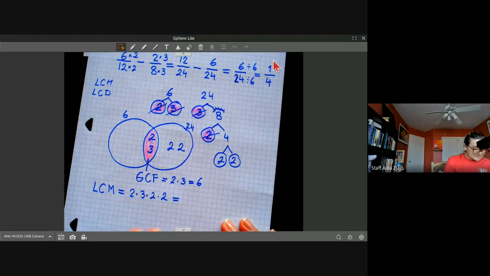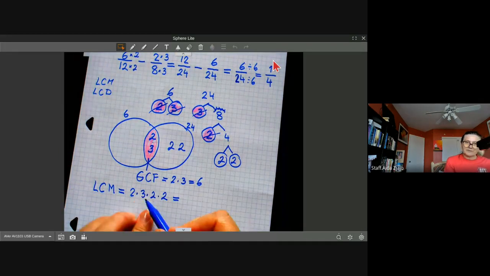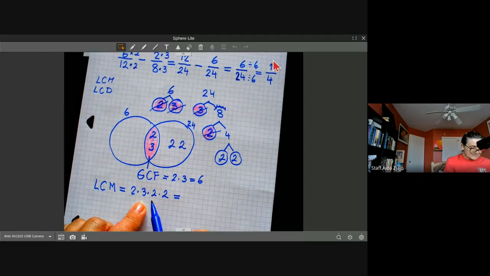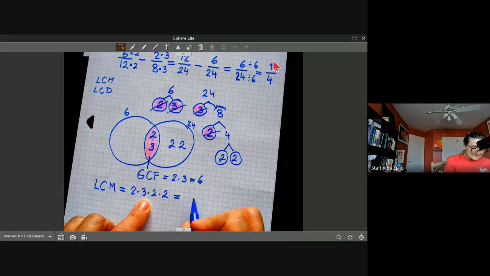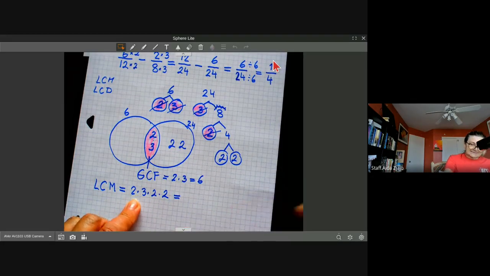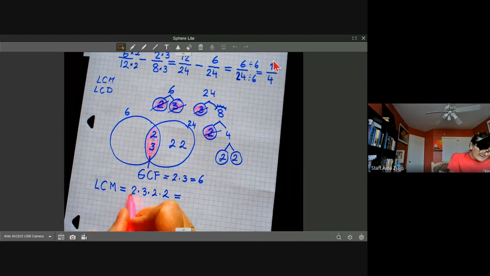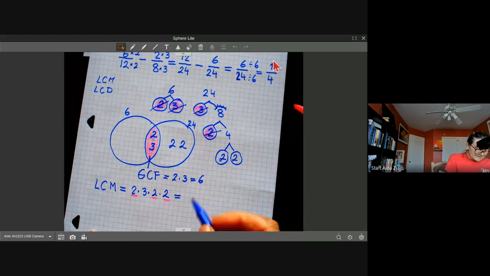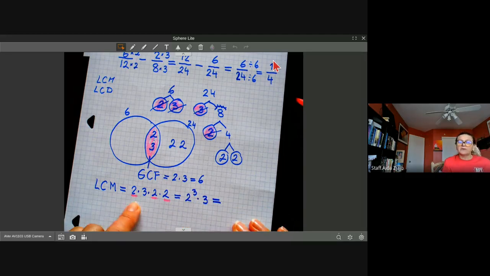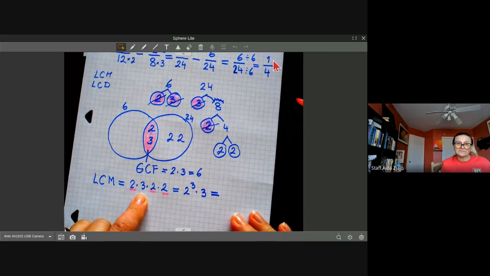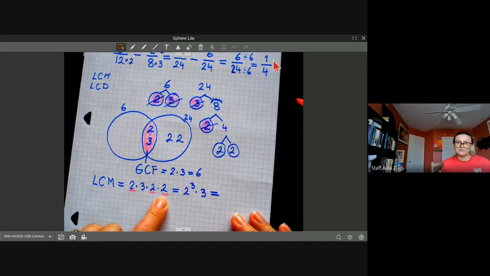So tell me, what is 2 times 3? We can see it as a fraction. We can see it as exponents. I have 2 and 2 and 2. That can make 2 to the power of 3 times 3. But that is equal to, who's going to solve this for me? 2 times 3 times 2 times 2.